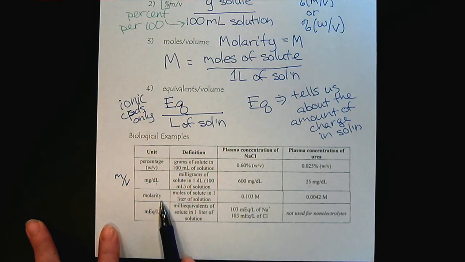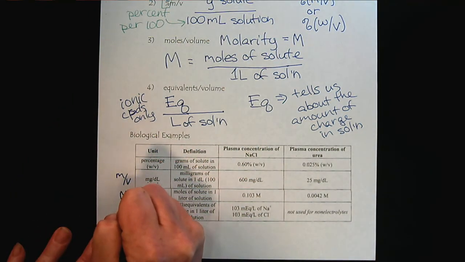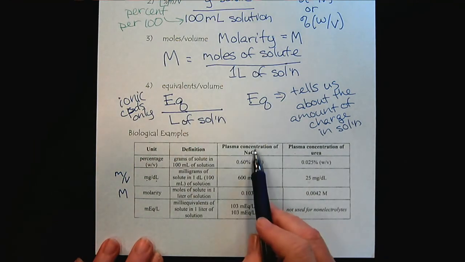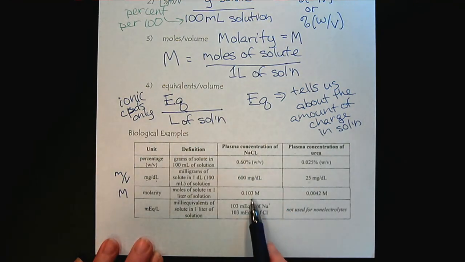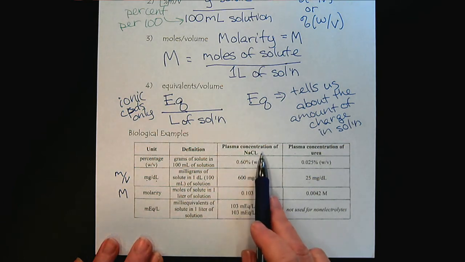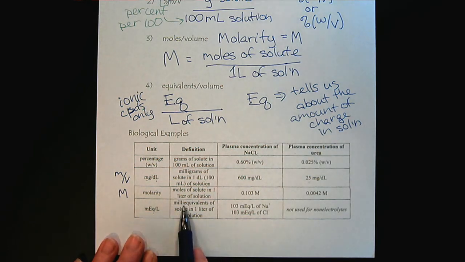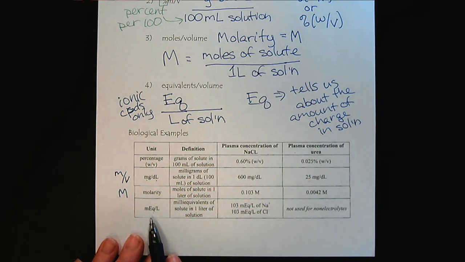For molarity, that's the uppercase M, which is moles of solute per liter of solution. That same sodium chloride concentration, if we describe it in terms of molarity, would be 0.103 molar. And because this is an ionic compound, we could do it in terms of equivalence. With equivalence, we can use the metric prefixes like milli. So here's milliequivalents per liter, which is common with biological solutions because the concentration levels are very low.